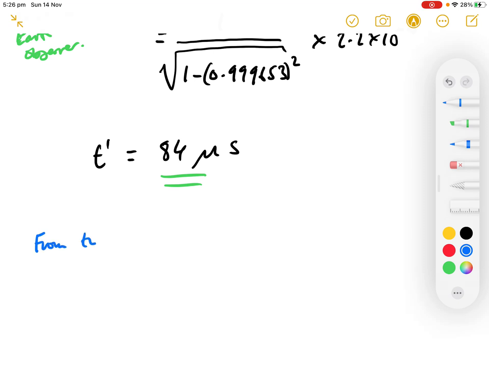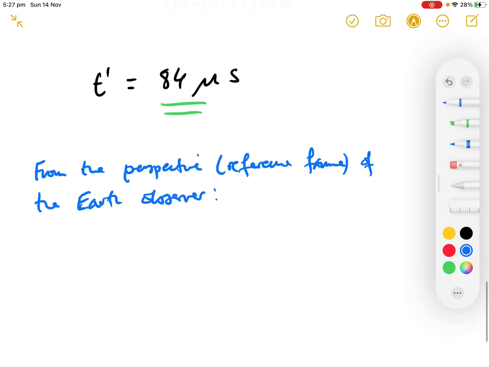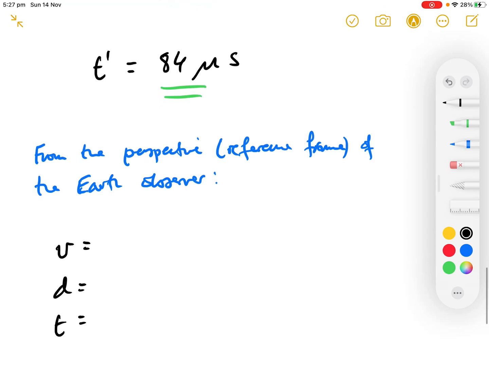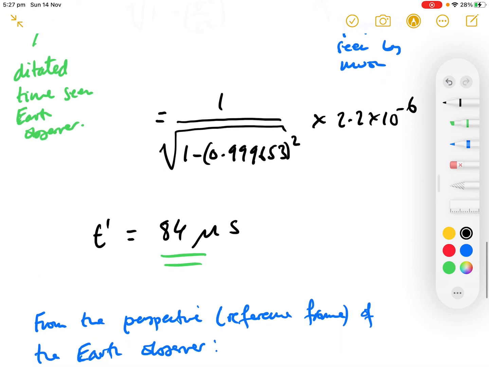So if we now do a speed distance time calculation, but this time from the perspective, i.e. reference frame, of the Earth observer, so we have our speed distance time calculation again, and we're interested in the distance that's actually travelled. That's what we're looking for.